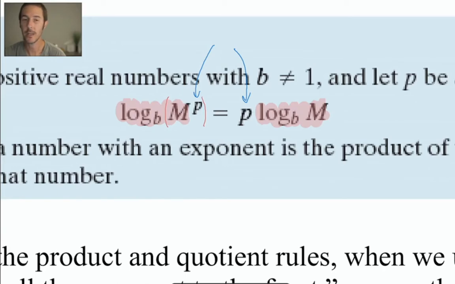And in fact, that's what it is. If the p-value were a 5, it would have gone from being an exponent of 5 to a coefficient of 5: 5 times the log base b of m. Or in this case, on the right-hand side of the equation, p times log base b of m. So there is multiplication happening between the p and the log.